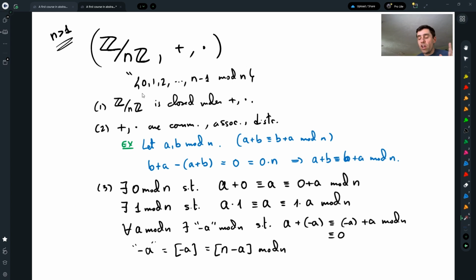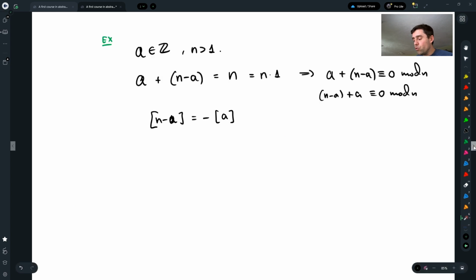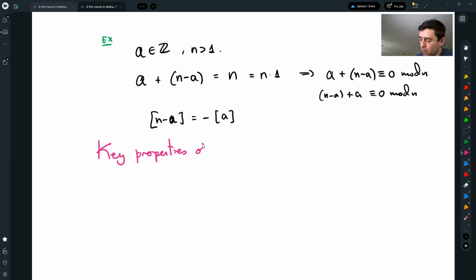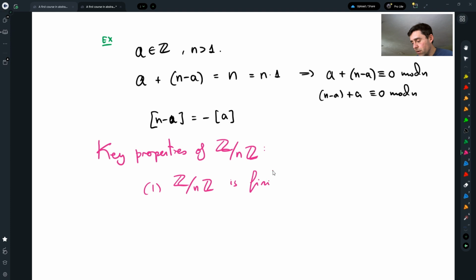There is no set that works like the natural numbers, because otherwise these would be the integers also, but these are not the integers. And there are two key properties of Z modulo nZ. Number one is that Z modulo nZ is finite. It has n elements.